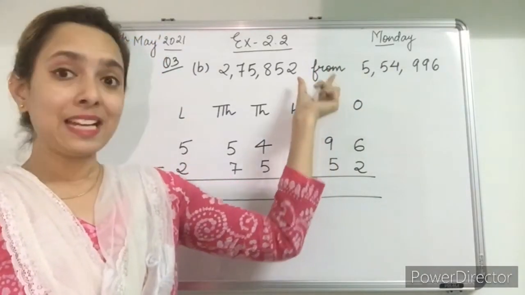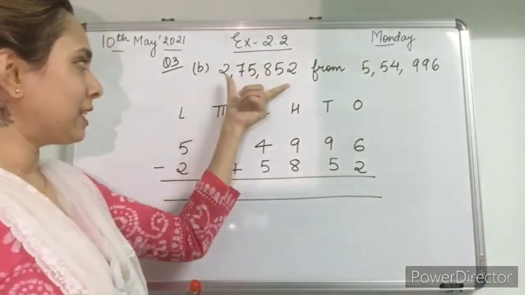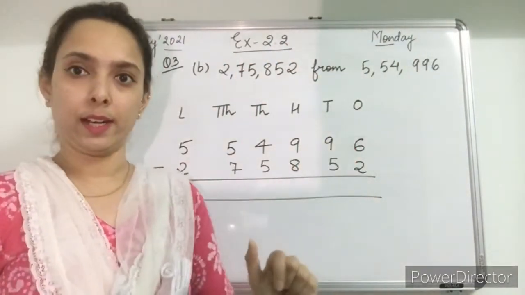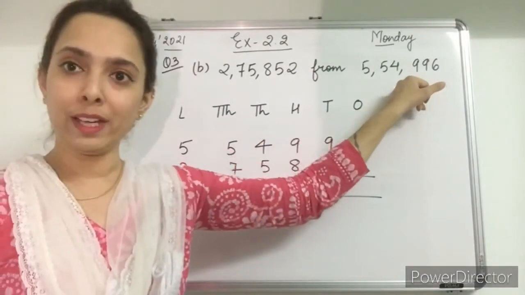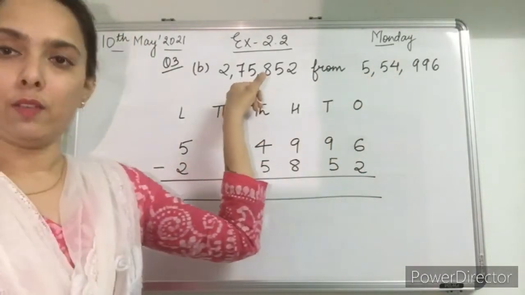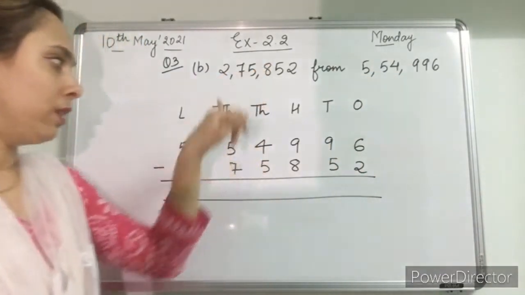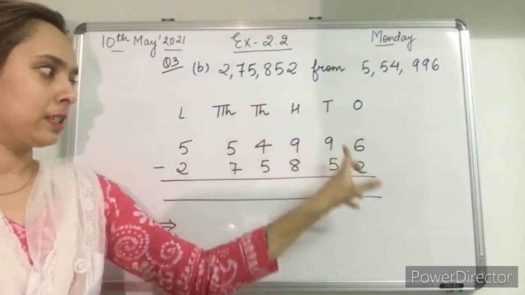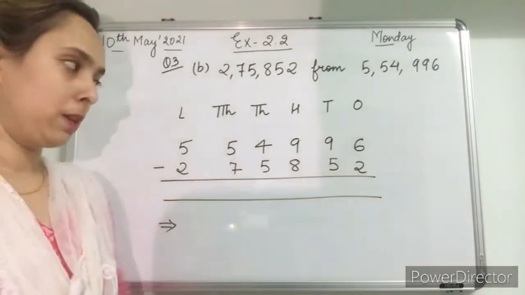From means you have to subtract this number from this number. It means this will be our minuend and this will be our subtrahend. So we will write like this. I have written this number first and this number on second position.